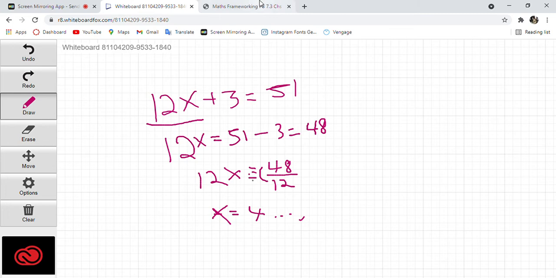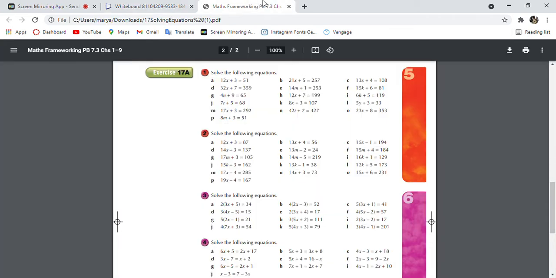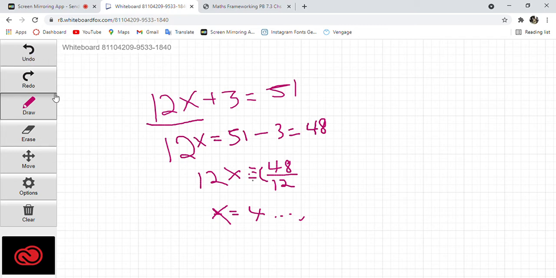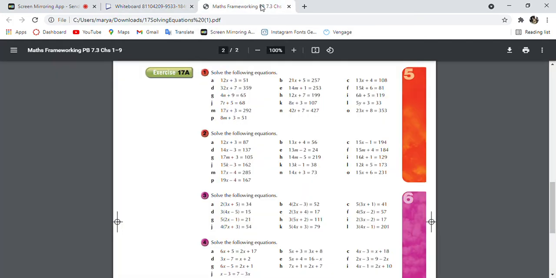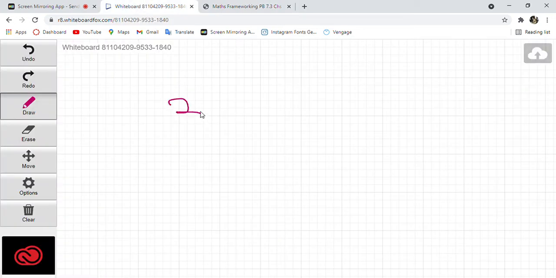But if you want me to do another example, okay, sure, I will do it. So let me just clear everything in here. Clear everything. Okay, so next, 21x plus 5 equals 257.